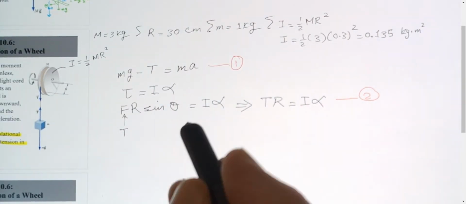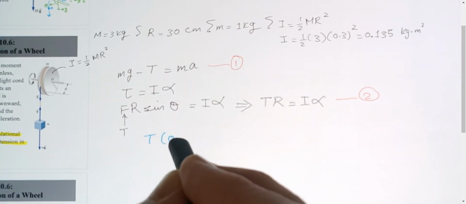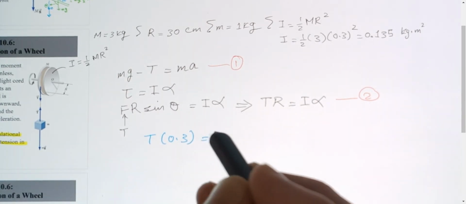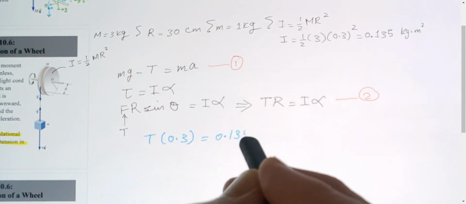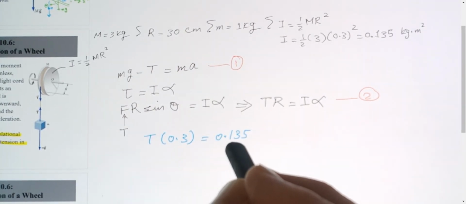So we have torque, I know R, 0.3. I know alpha, it's 0.135. I, it's 0.135.